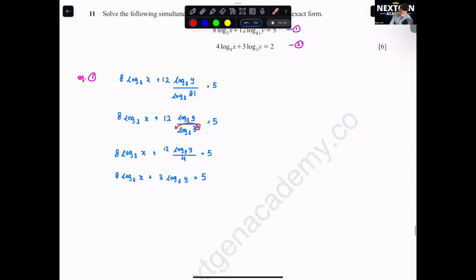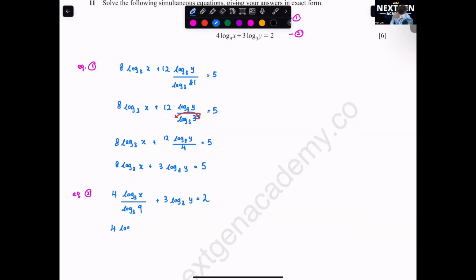Equation 2. Let us simplify that log 9x. 4 log 3x over log 3 9 plus 3 log 3y equals 2. We do the same thing: this one is log 3 square.